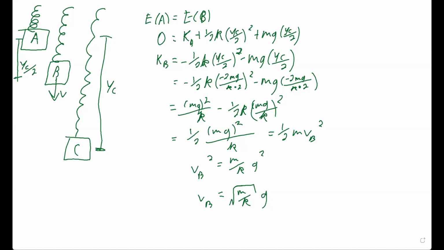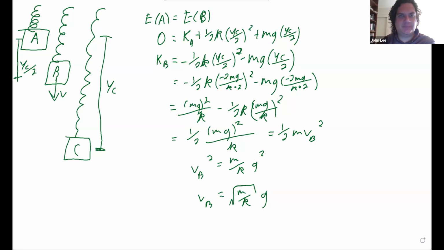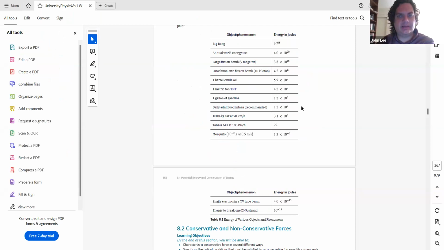Okay. So I'm just going to take a brief detour and say, look at all these different numbers for different potential energies or different kinetic energies. So the Big Bang is 10 to the 68th power.